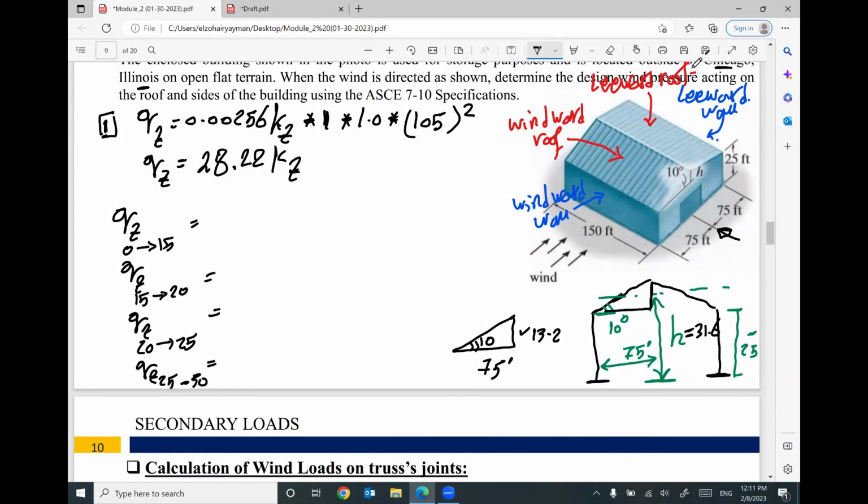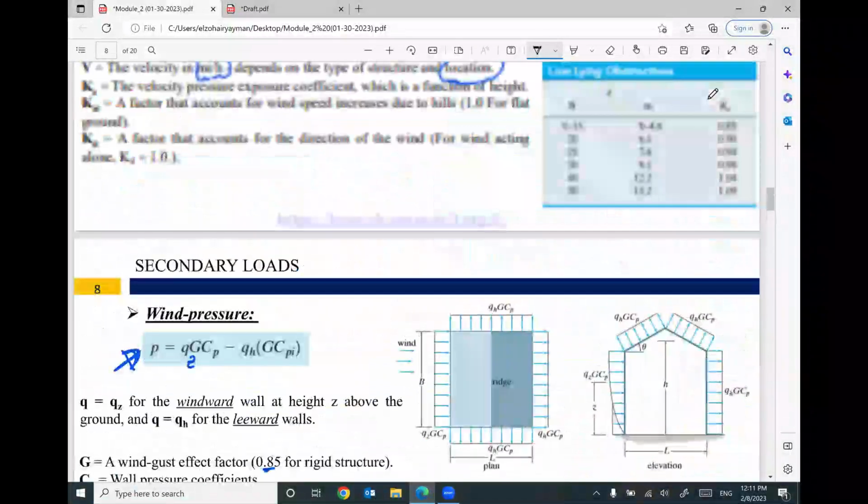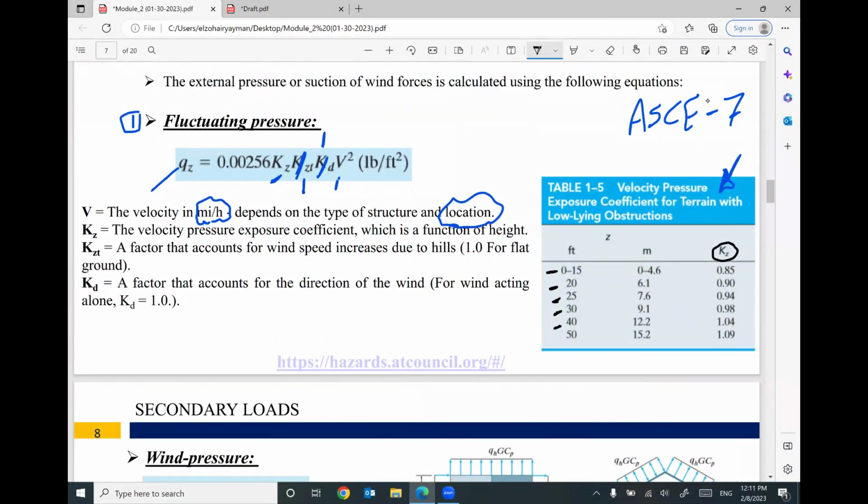These divisions are based on the values in this table. It's not my selection. From 0 to 15, 15 to 20, 20 to 25, 25 to 30, and so on.